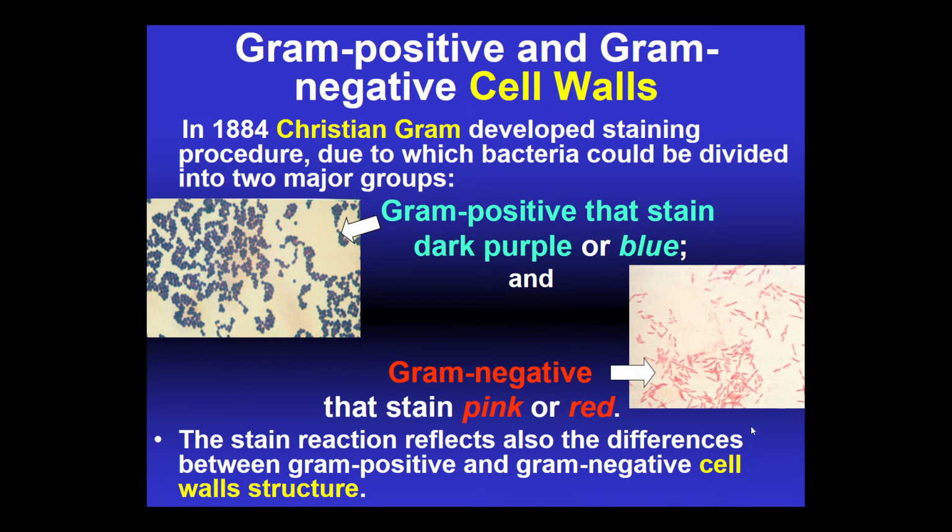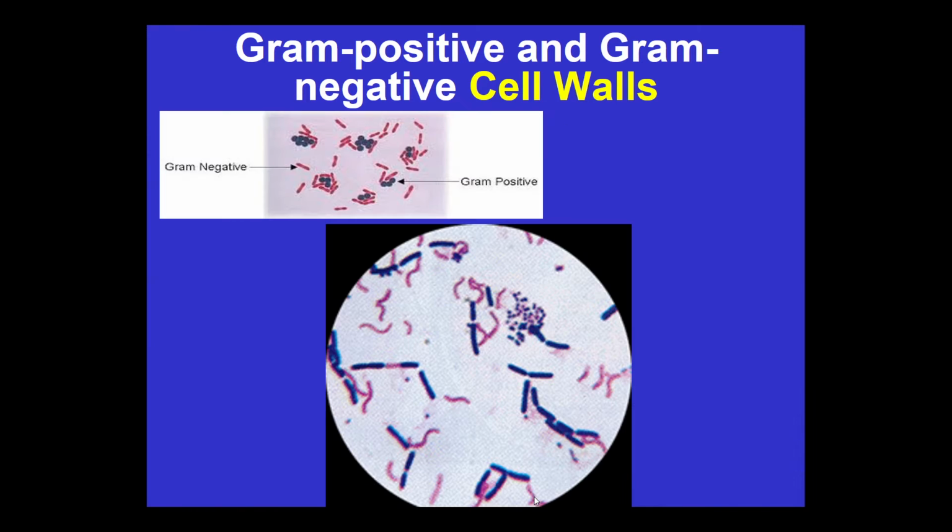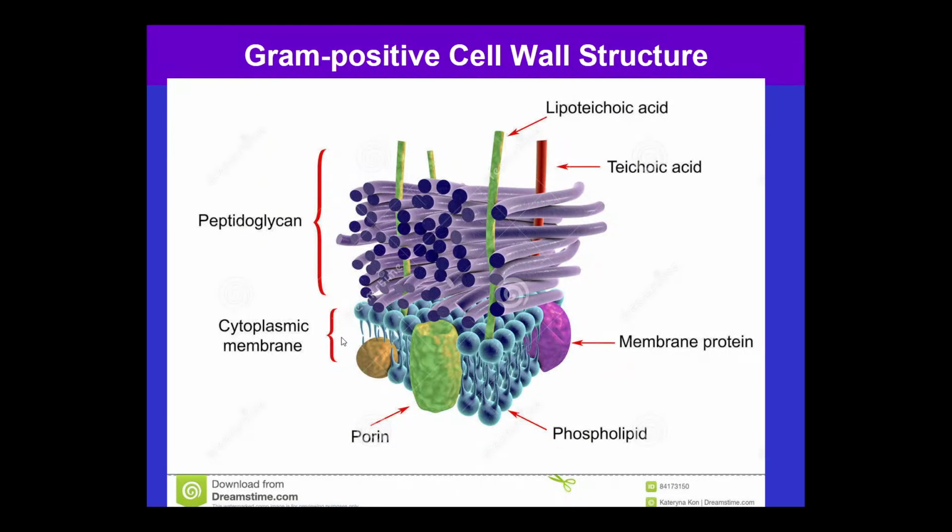And those that have a thinner cell wall appear pink or red, and we call it a gram-negative reaction. That's something like what you've seen under your microscopes. So due to the single process of staining, we can see the difference between gram-positive bacteria that appear dark violet here and gram-negative that appear red.